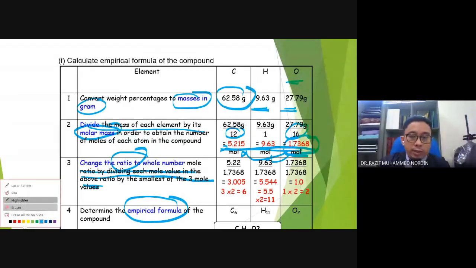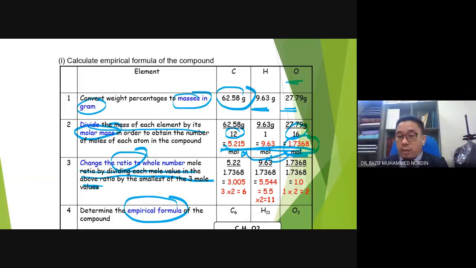And for oxygen, you will get 1. So 3.005, 5.5 for hydrogen, and 1 for the oxygen.